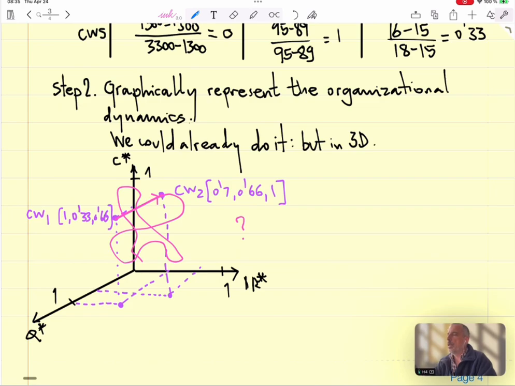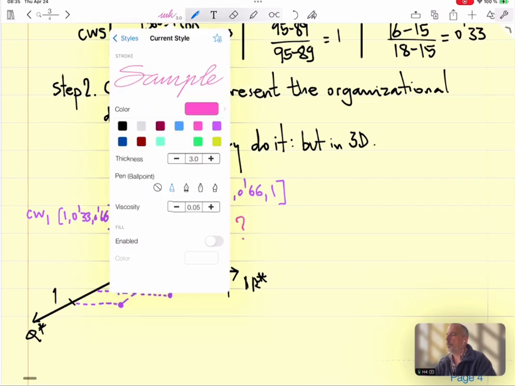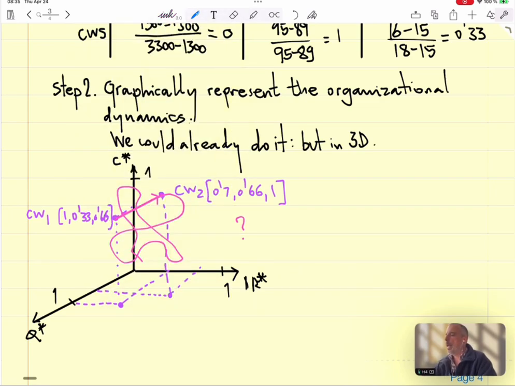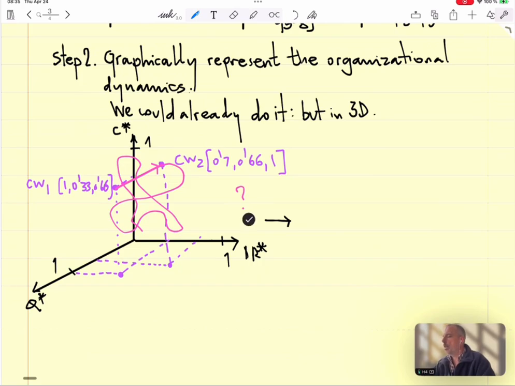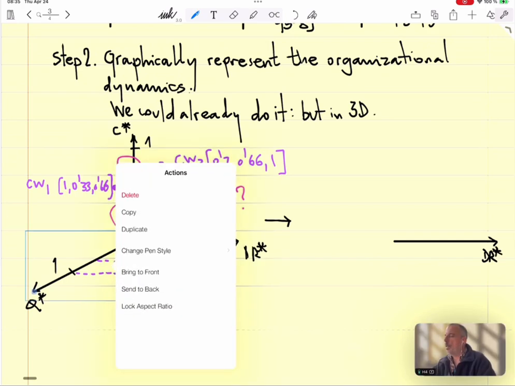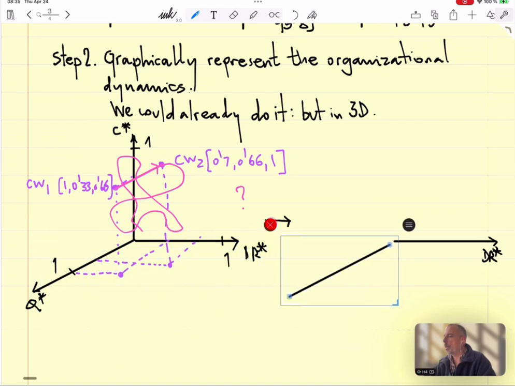So what we do is we take this representation and project it onto something that we can represent in 2D. So let me represent the 3D axes again. This is the delivery rate. This is the quality. And this is the cost.